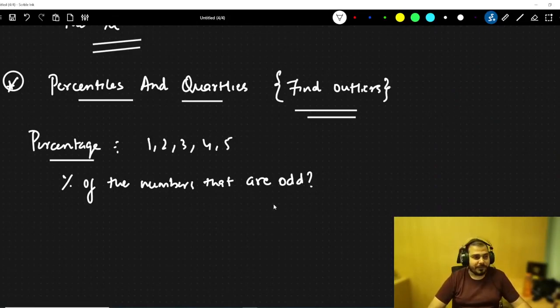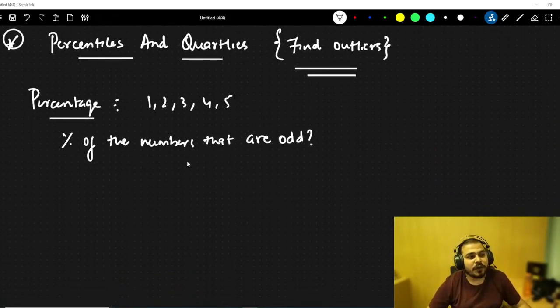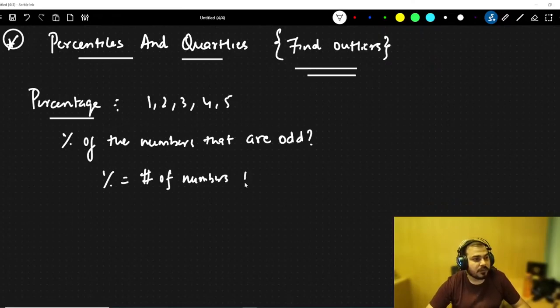We'll discuss after we complete some topics. So over here, if I really want to find the percentage of numbers that are odd, how do you apply a formula? Percentage is equal to the number of numbers that are odd divided by total numbers.